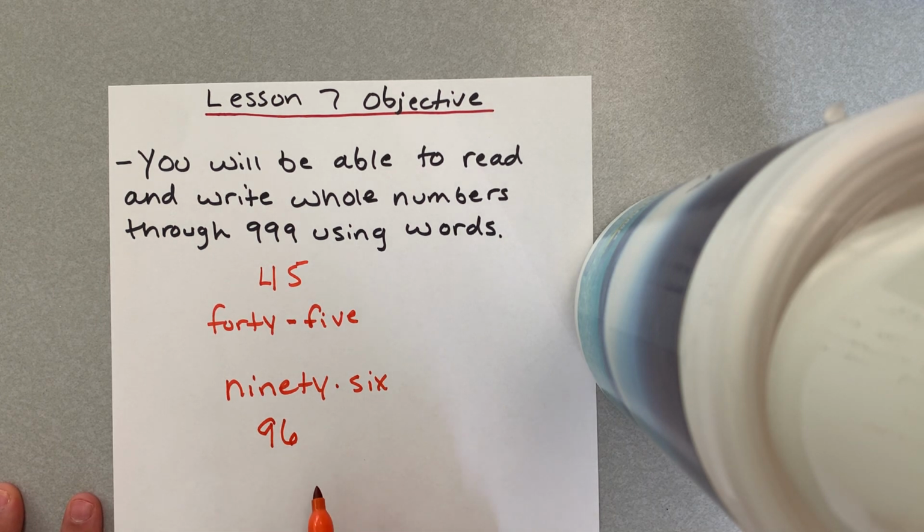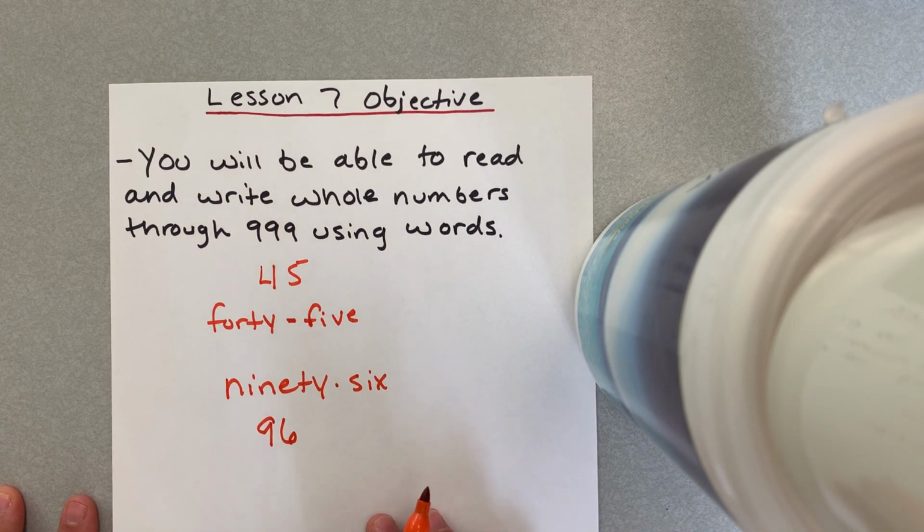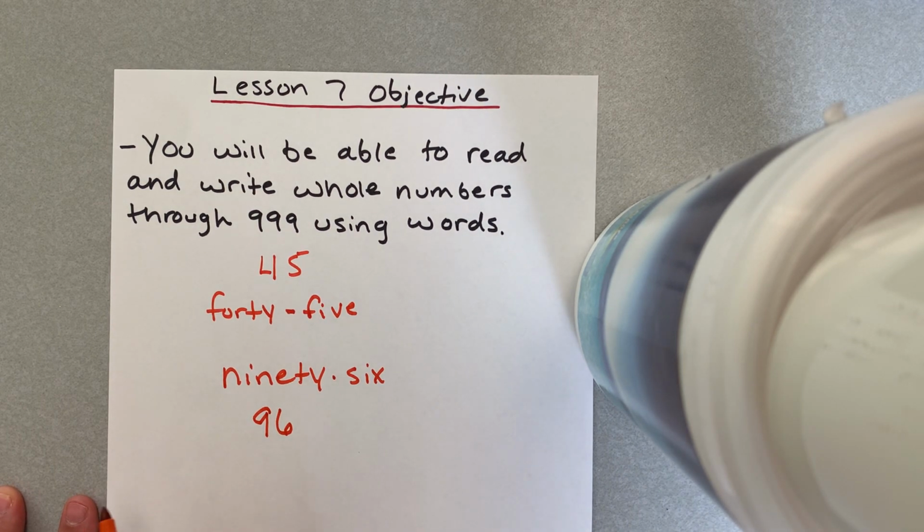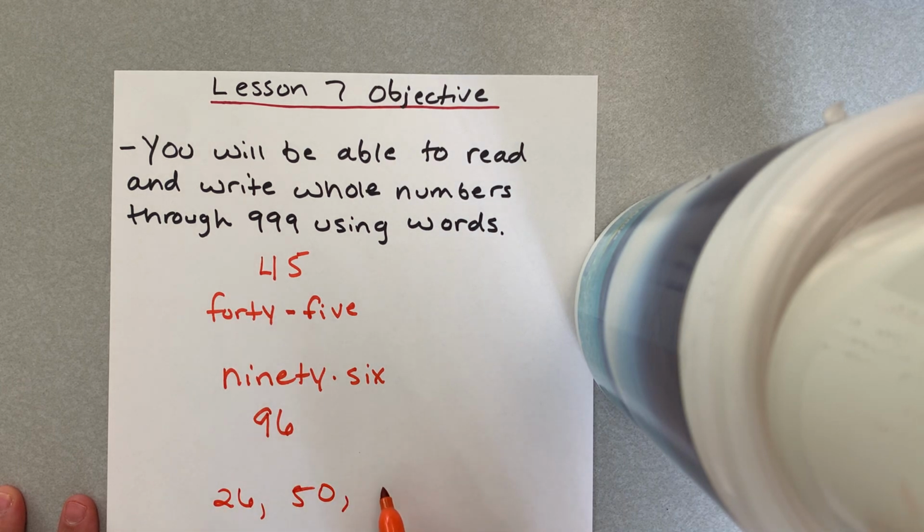We also looked at what if we rearrange numbers. If I'm given the numbers 26, 50, and 2, and I'm told to put them in order from least, my smallest to biggest, I know that would be 2, 26, and 50.